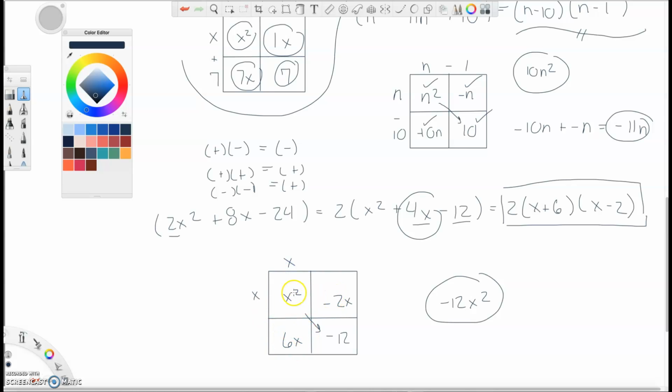Over here, what times x gives me negative 2x? It has to be minus 2. And what times x gives me 6x? That has to be plus 6. So our factors are x plus 6, x minus 2, and it's all multiplied by a 2. So that would be the same thing as over here, 2 times x plus 6 times x minus 2.